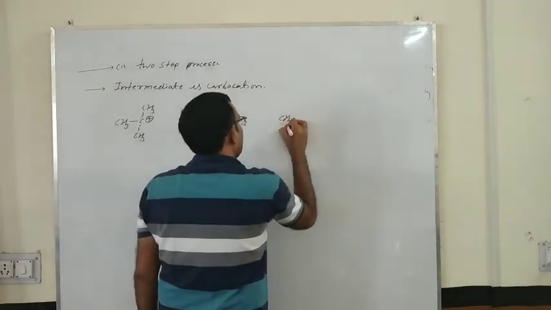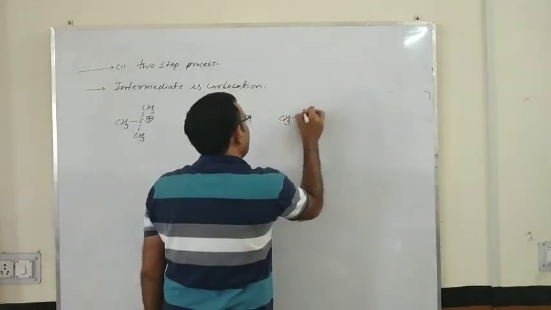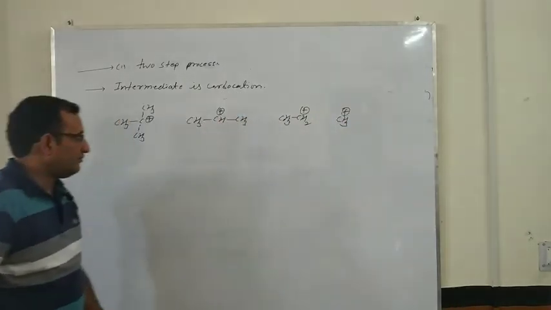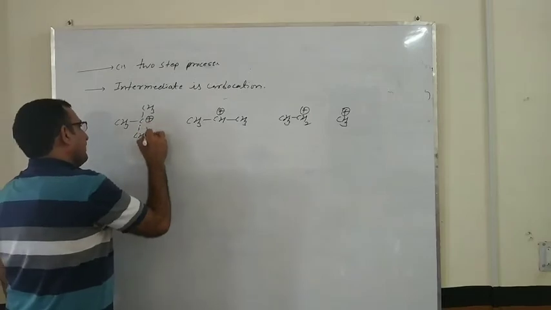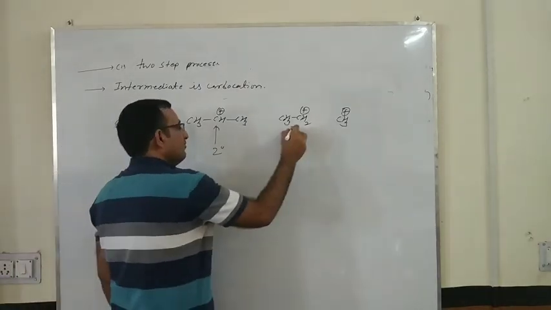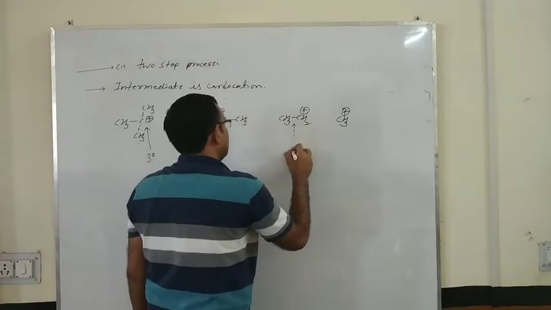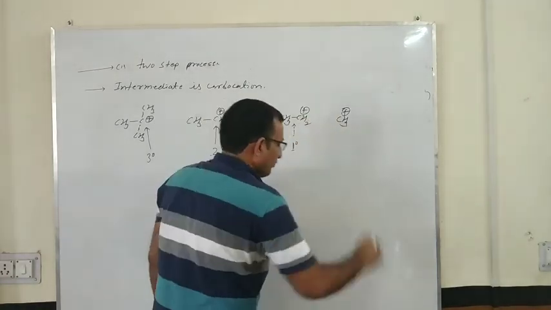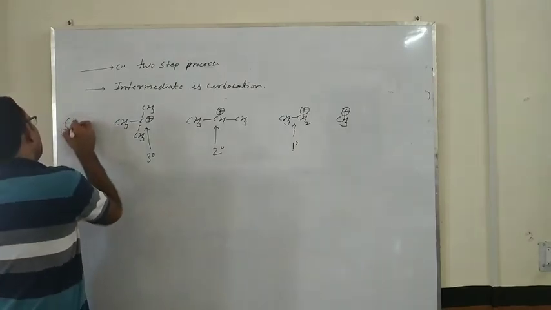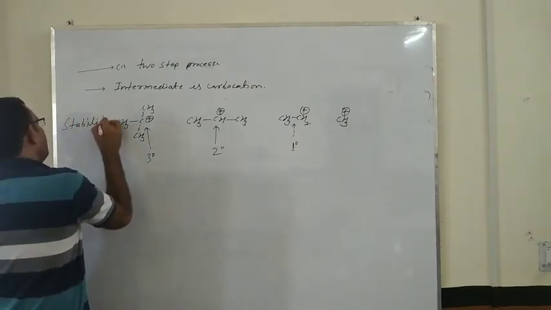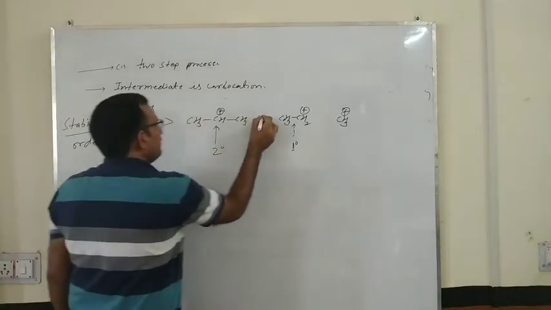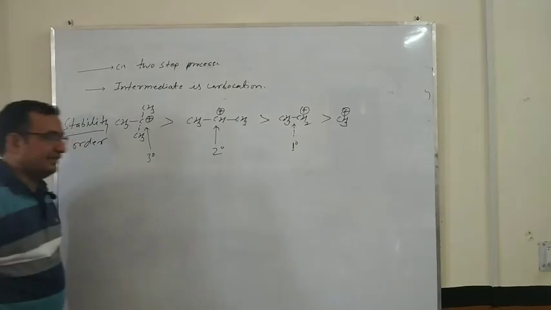This is primary carbocation, 1-degree carbocation, and methyl cation. 3-degree carbocation is most stable, 2-degree less stable, 1-degree very less stable, and methyl carbocation very less stable. So stability order: 3-degree, 2-degree and 1-degree, then methyl.